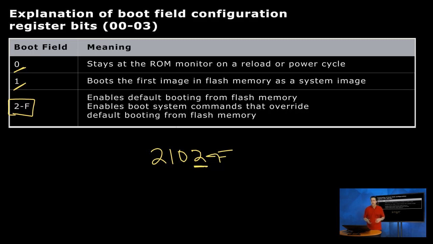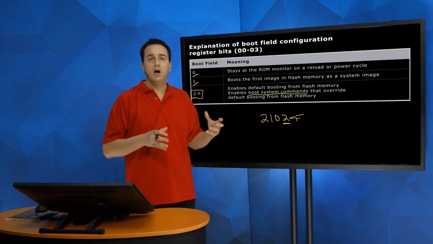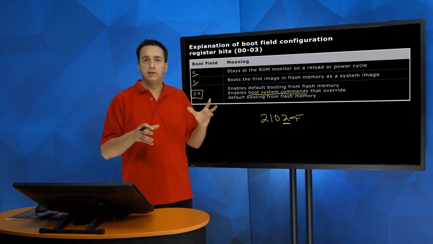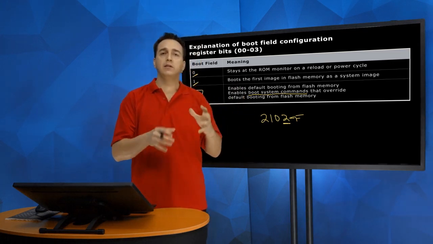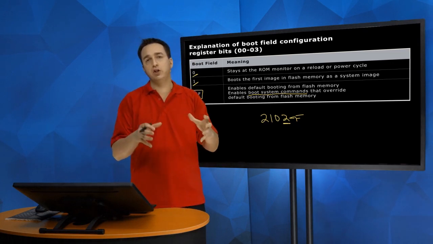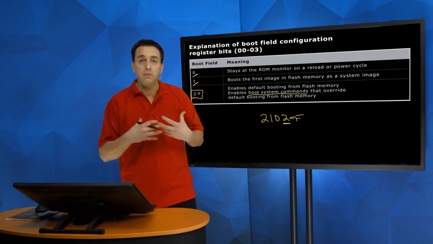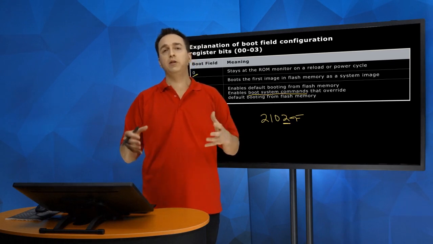So what is happening? We have our device looking for boot system commands in NVRAM. And these boot system commands are going to do what? They are going to describe what operating system image should be loaded and where it should be loaded from. So it's up to me as an administrator to set up these boot system commands.